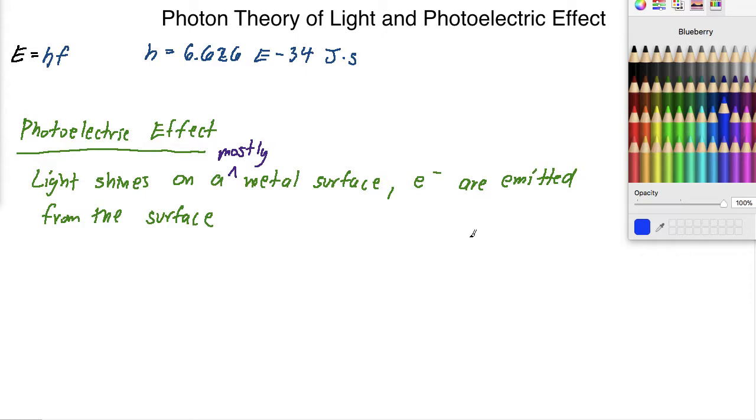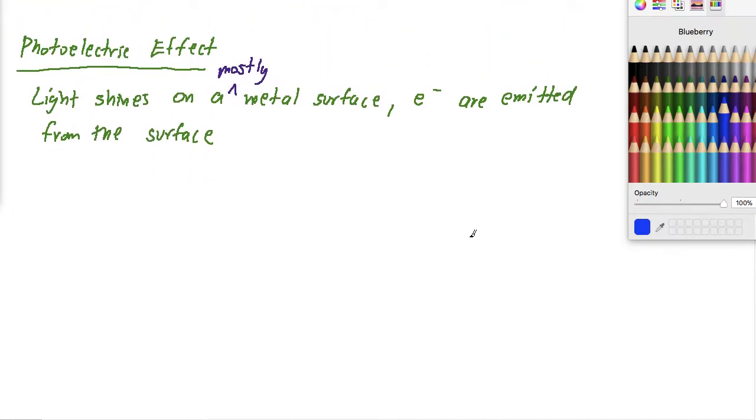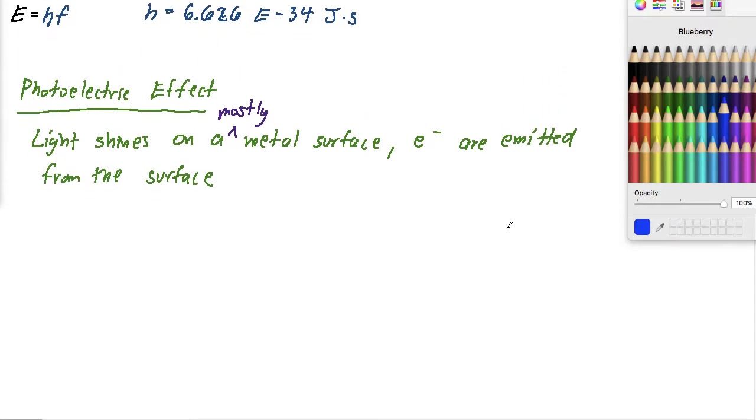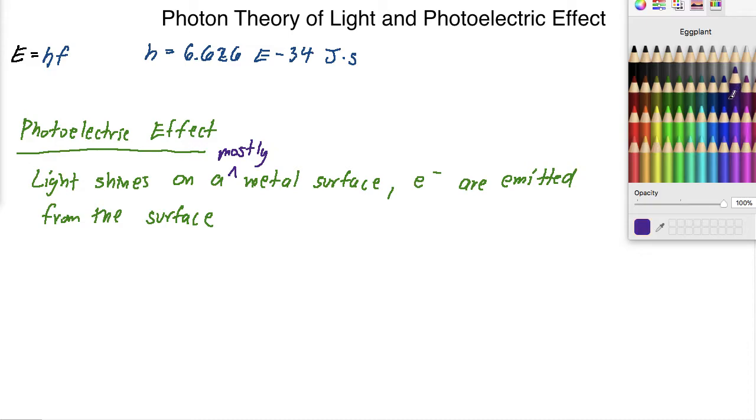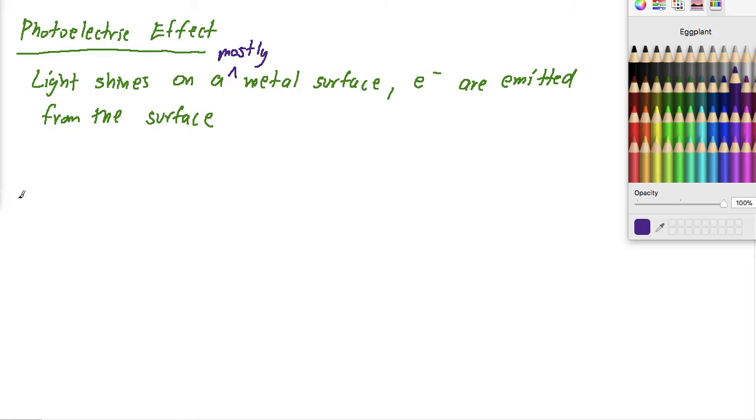All right, so now there are two things that you need to know for the photon theory of light and the photoelectric effect. So the first one is that besides the photon theory of light, there's another concept that was first introduced, which was considered, and it was called the wave theory prediction.